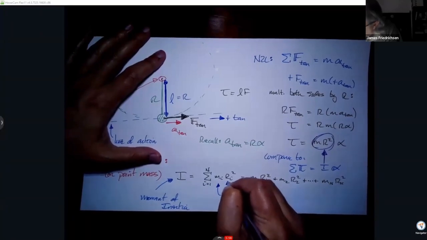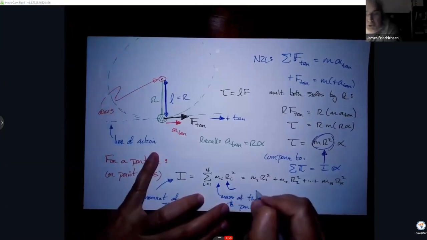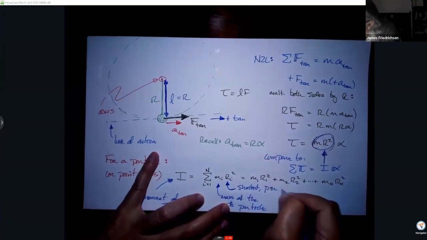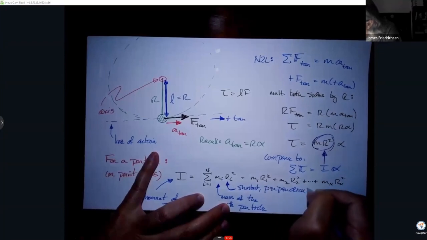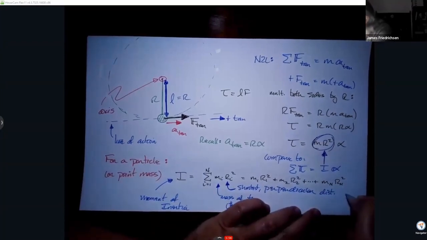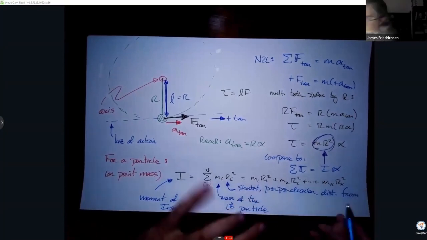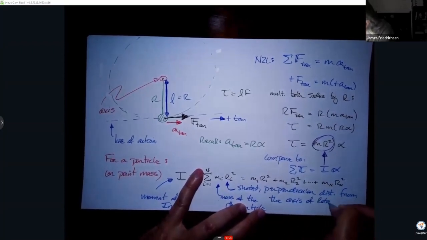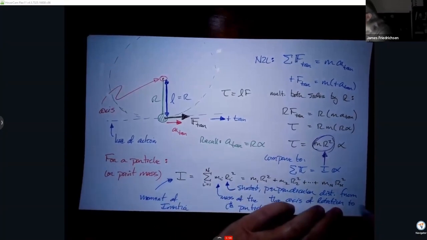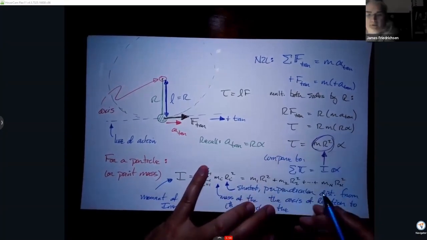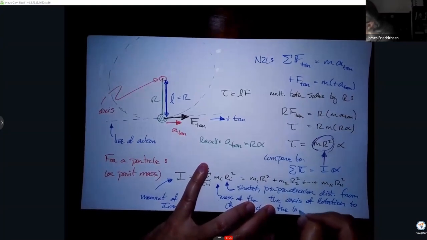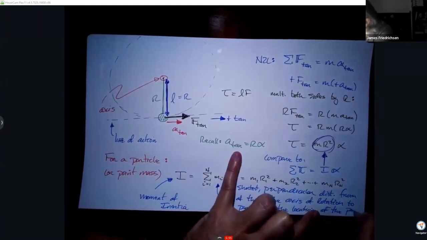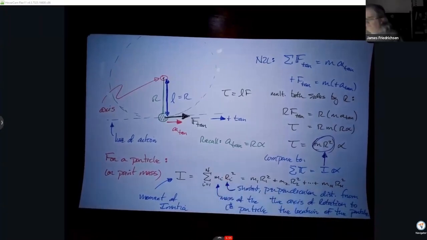So very much like the lever arm concept, this is our shortest perpendicular distance from the axis of rotation to the location of the particle.